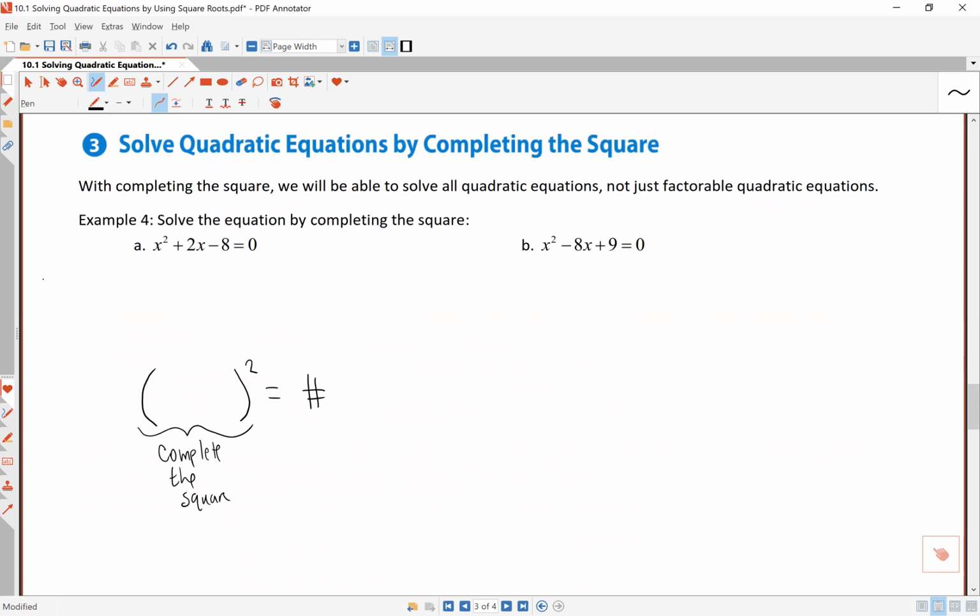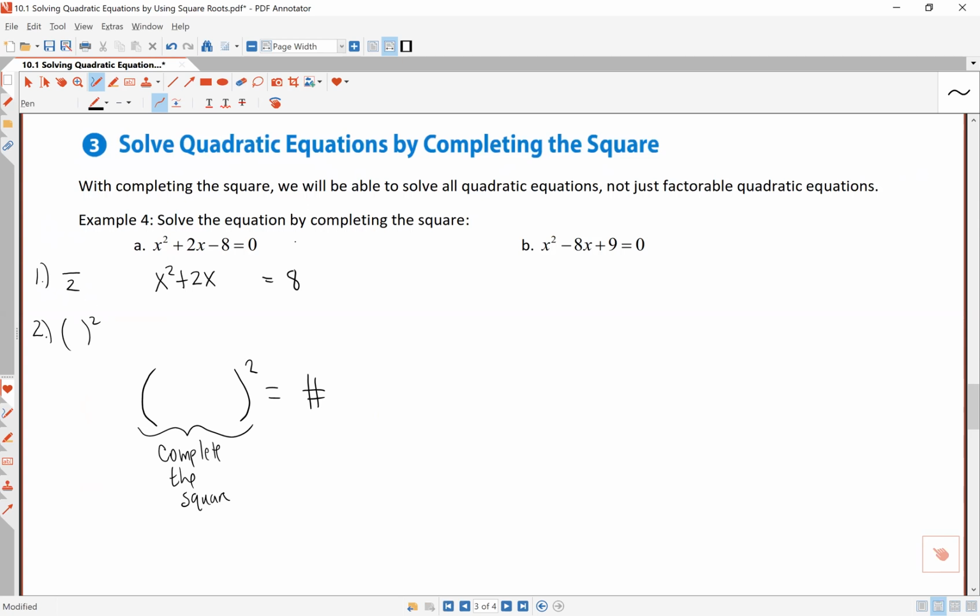So we saw that you take the coefficient of x and you divide it by 2, and then you square that number that you get in step 1. And we complete the square on the x squared and the x terms. So we're going to add 8 to both sides and disregard that for right now.